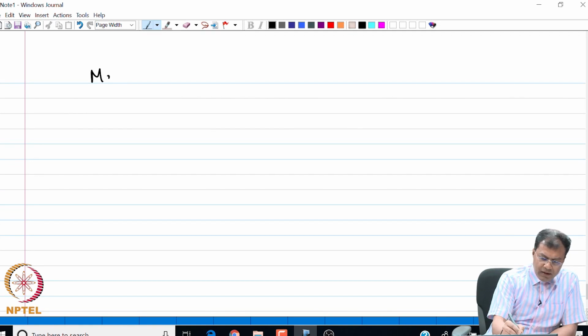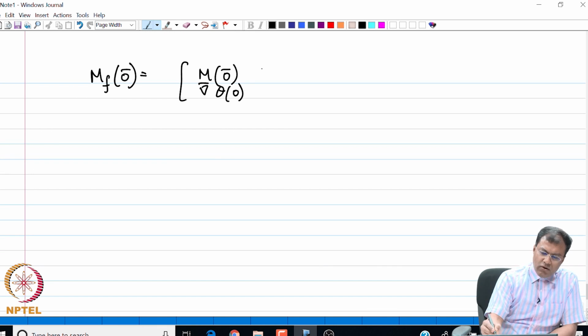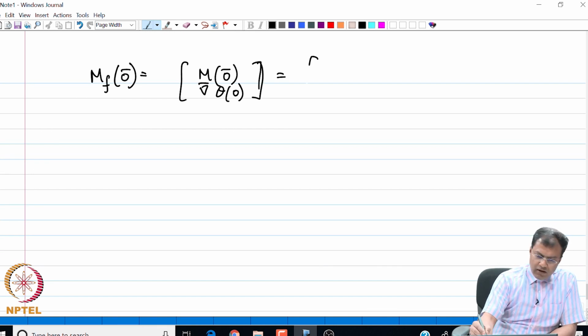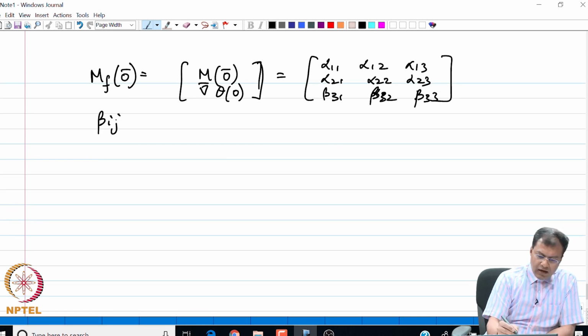So, my augmented matrix M f of 0 is the matrix M of 0 together with grad of theta of 0, which will be: the first 2 rows are similar, alpha 11, alpha 12, alpha 13, alpha 21, alpha 22, alpha 23, the same set of functions, and finally the last row will be beta 31, beta 32, beta 33, where my beta 3j, the index i is always 3 here, are the gradient of theta with respect to epsilon, setting epsilon equal to 0.